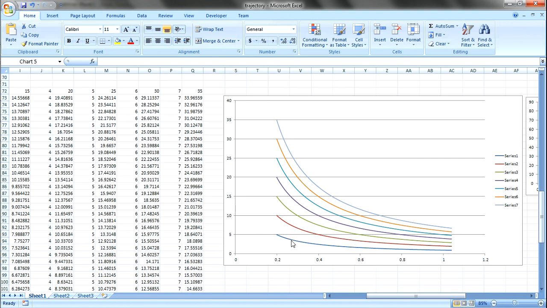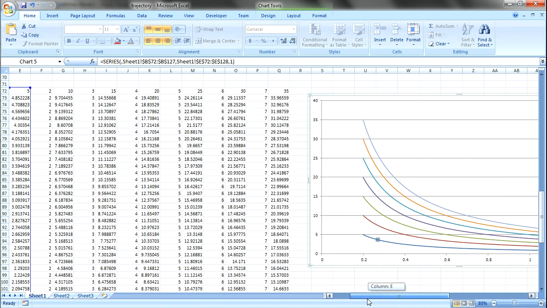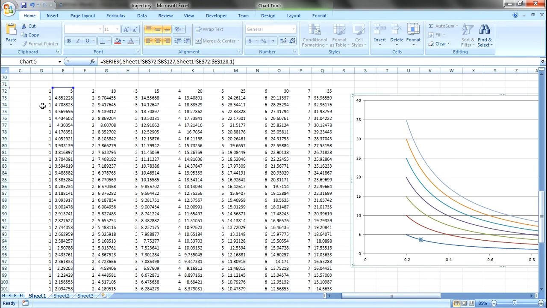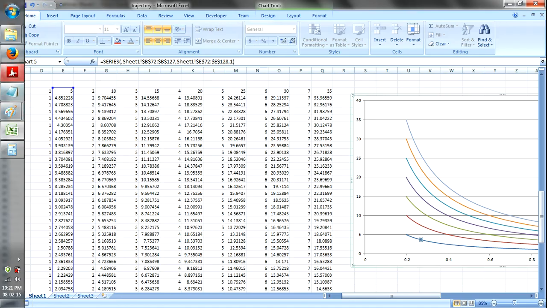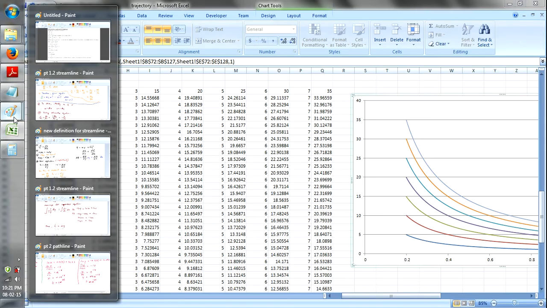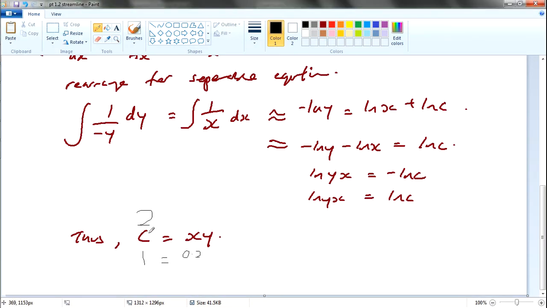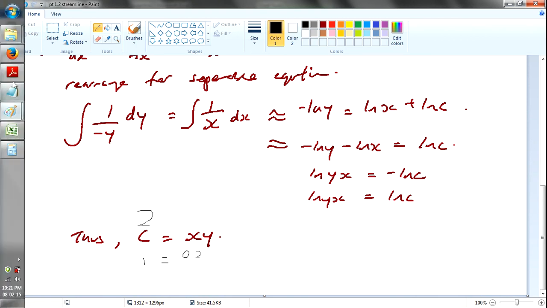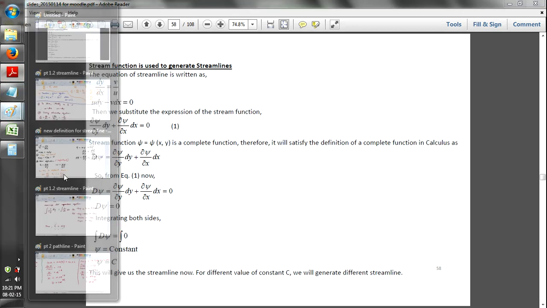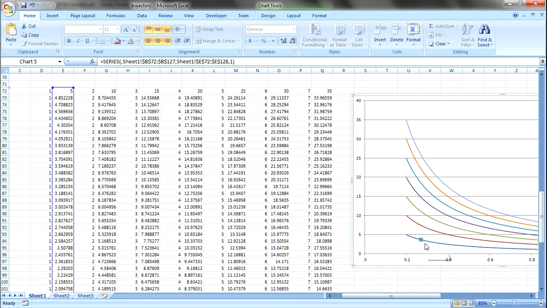So this line will correspond to a lower streamline value, streamline constant I would say. As you can see, c in our case is c equals xy, right? So the lower you are, the lower the value. If you are higher, this is the streamline value of 2.